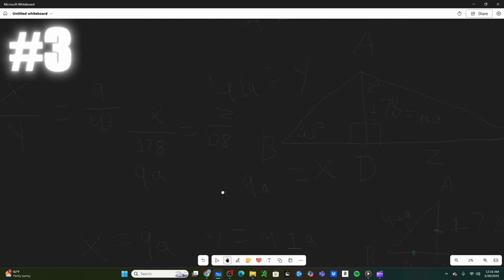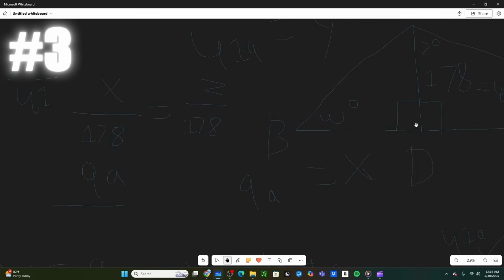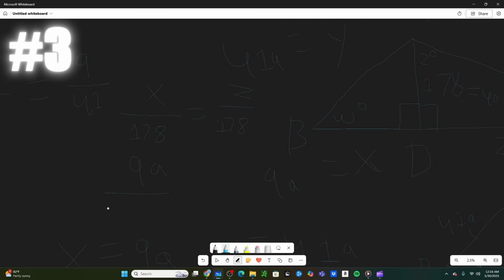Now, we don't really know what x is as a number, but we know that x is equivalent to 9a, right? And if we know that x is equivalent to 9a, guess what? This 178, we also know that's equivalent to 40a. So we have 9a over 40a is equal to z over 178, which is also equal to 40a, right? And since these are equal, that means that really these two tops have to be equal, right?